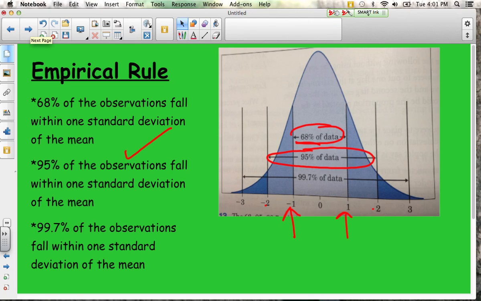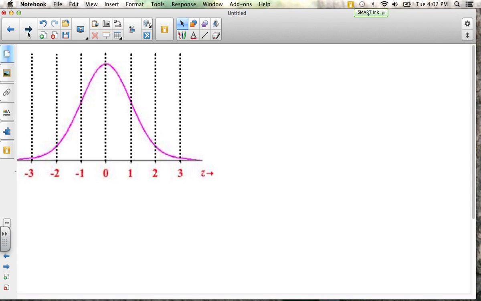And then finally, 99.7% of all the observations fall within 3 standard deviations. We're going to use this feature that incorporates area under the curve to answer a couple of questions here shortly. All right, now let's go to this next page.